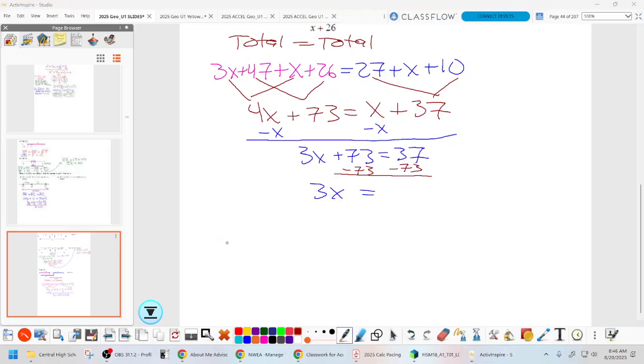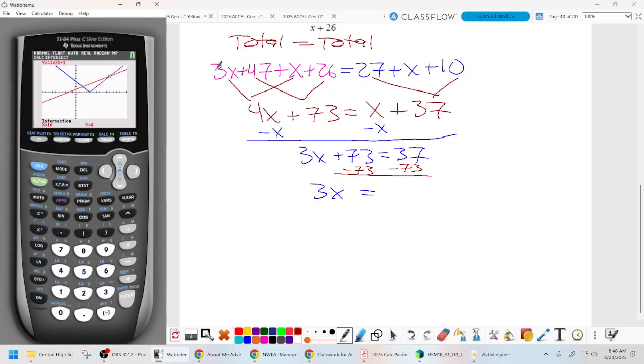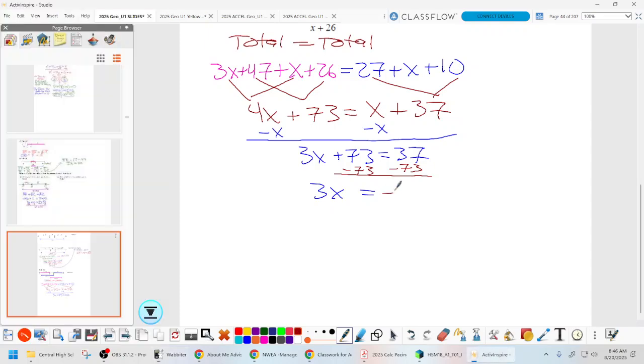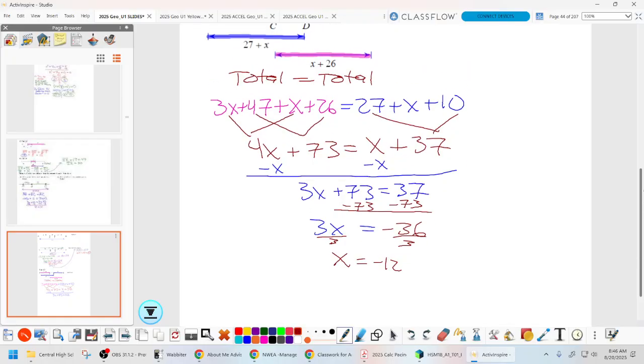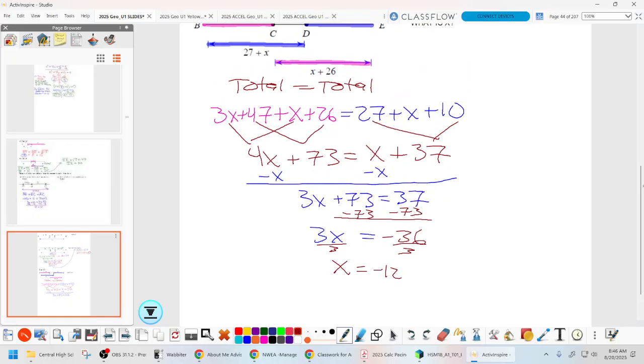Now we could do that, but this is faster. So negative 36. Divide by 3, and we get negative 12. Now, this is kind of weird. X is negative 12. Can we have a negative answer in geometry?